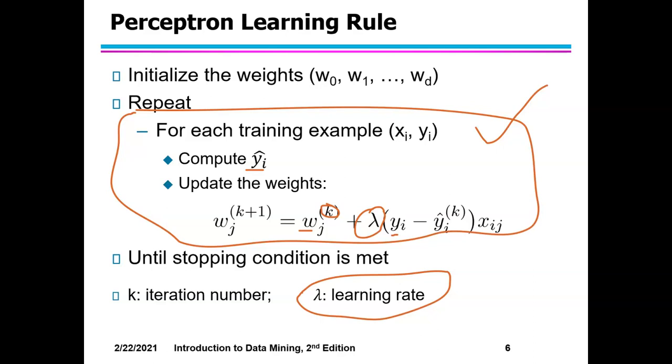So the previous value comes to the next value, and it keeps repeating. Here we subtract the new output from the previous output, with the iterative value as a power as well, right? And k is what? K is the iteration number.